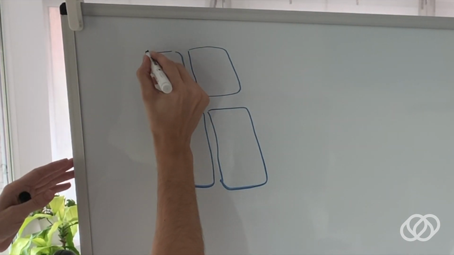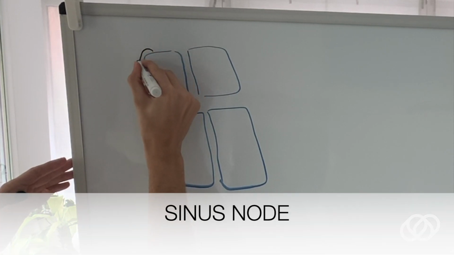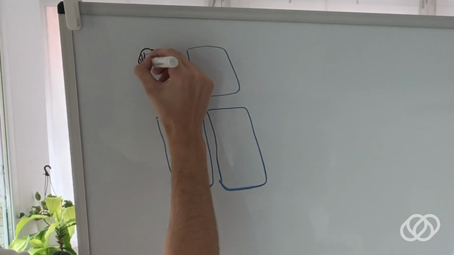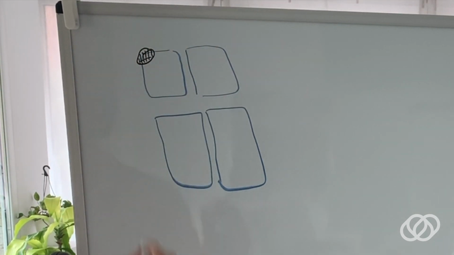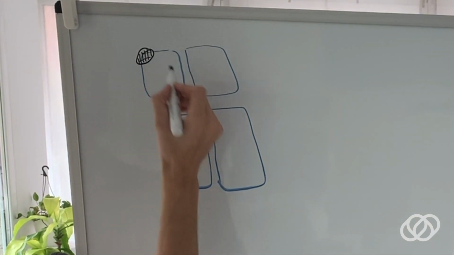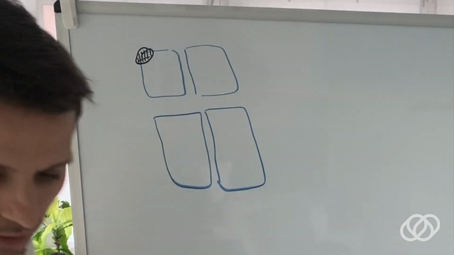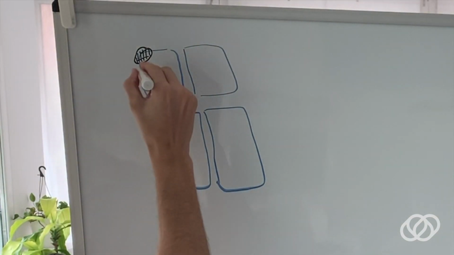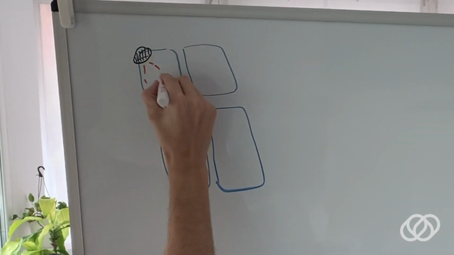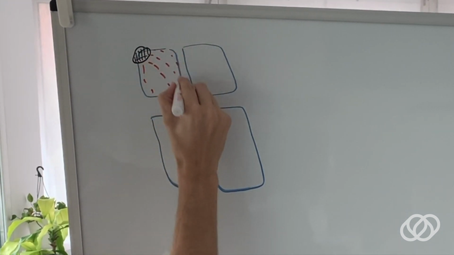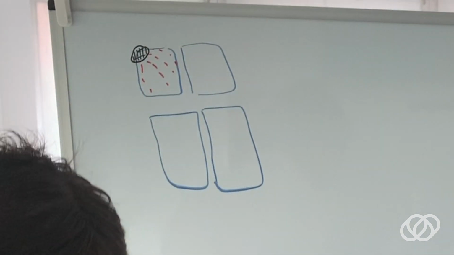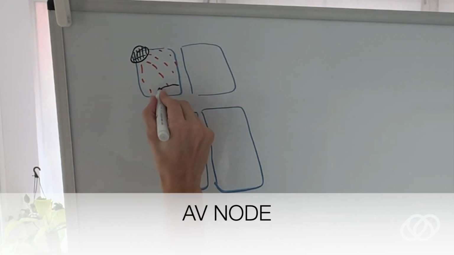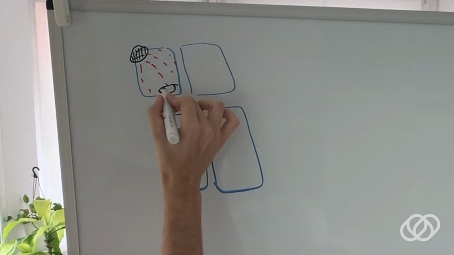So the conduction system of the heart starts in the sinus node, that is roughly here, next to the entrance of the superior vena cava. Then from there the electrical impulse will go down through the myocardium of the atrium, and then we will finally arrive to the AV node, that is located in the inferior and posterior part of the right atrium.